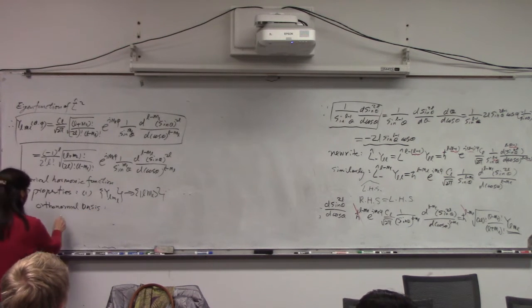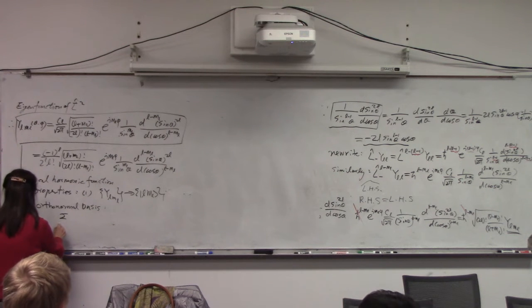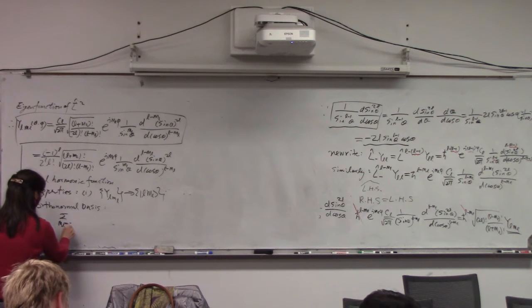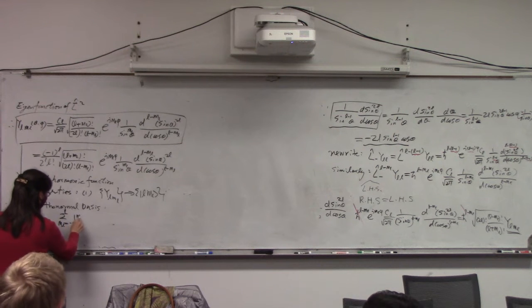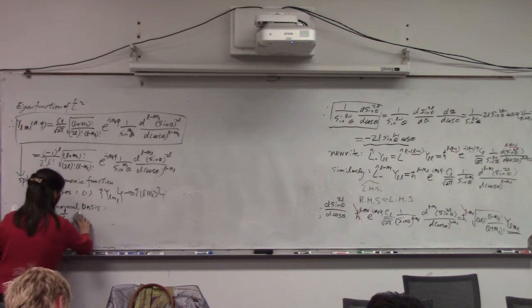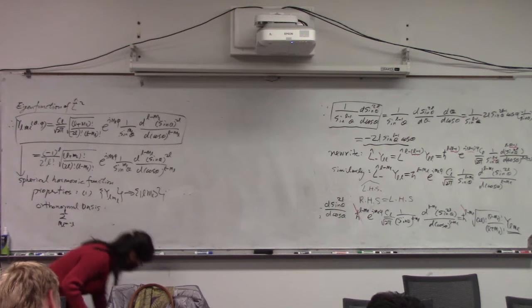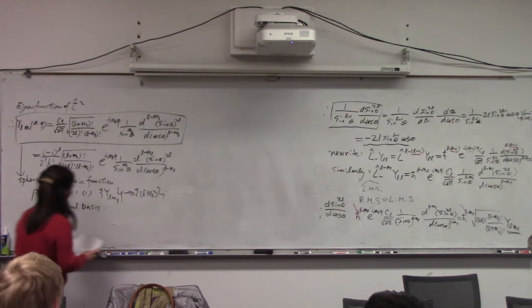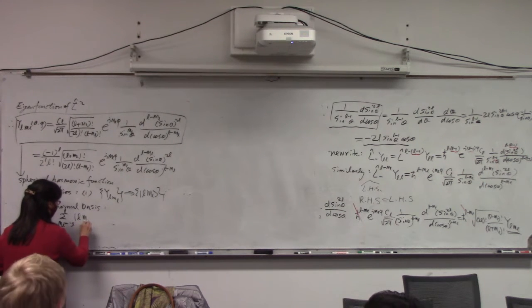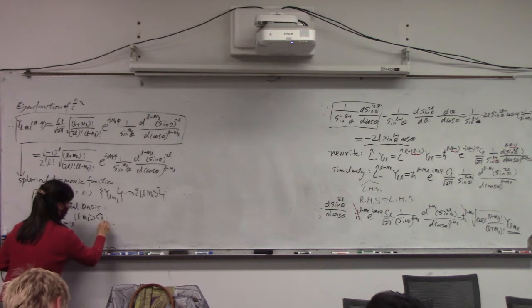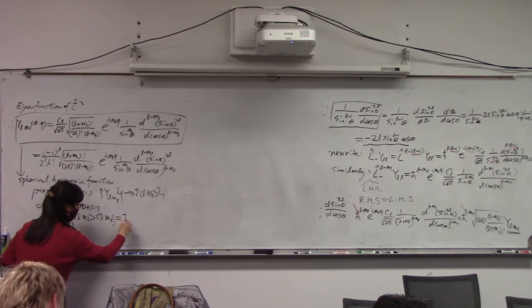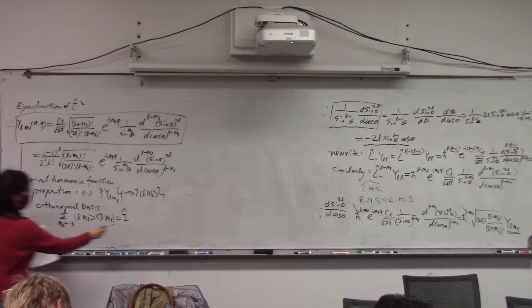That means completeness: for ML from minus L to L, for a given L, even for the subspace, the sum over all the possible ML is equal to the unity operator, right? That is completeness.